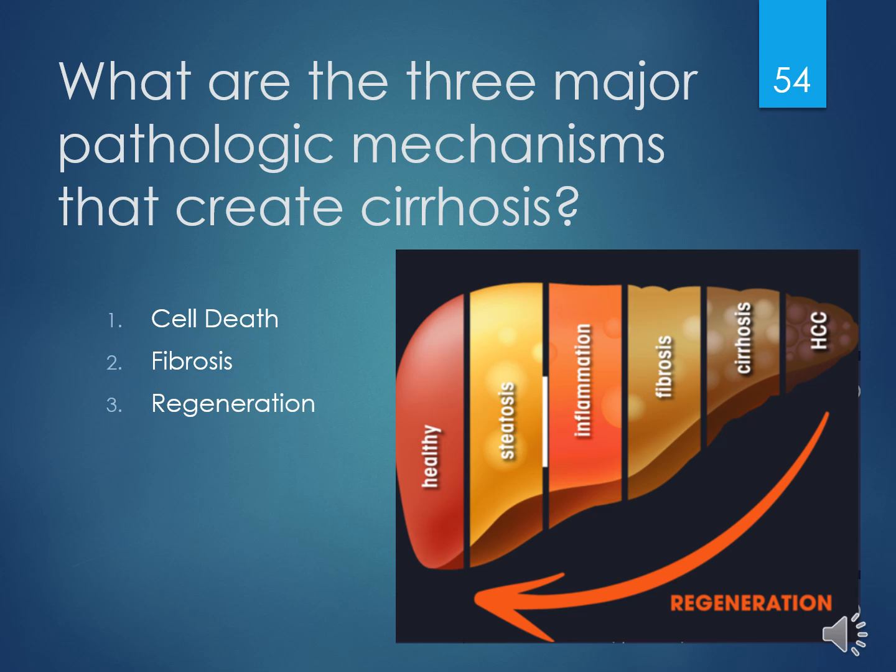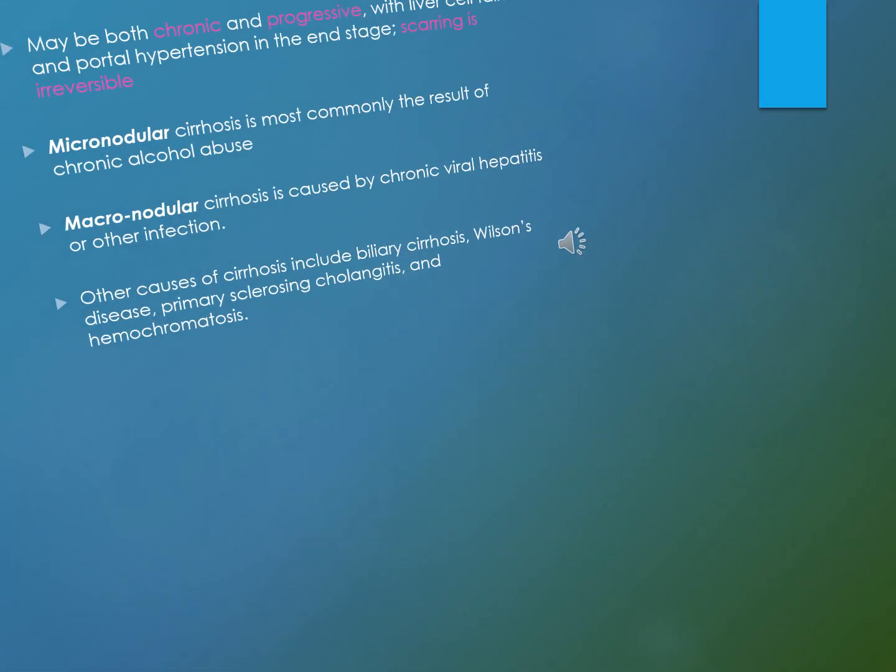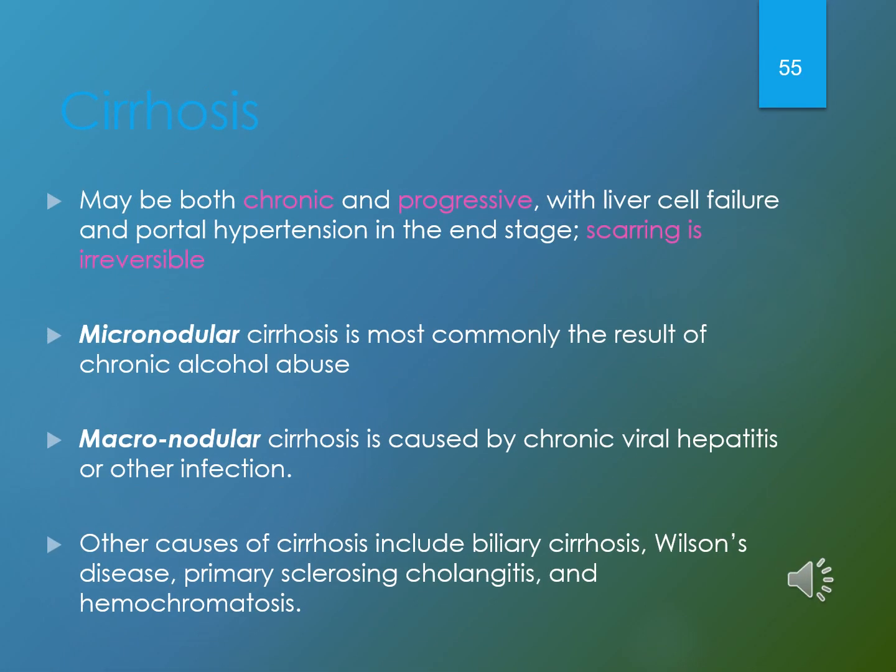So in summary, what are the three major pathologic mechanisms that create cirrhosis? 1, cell death. 2, fibrosis. 3, regeneration. So the liver's trying to regenerate. It's trying to fix itself.